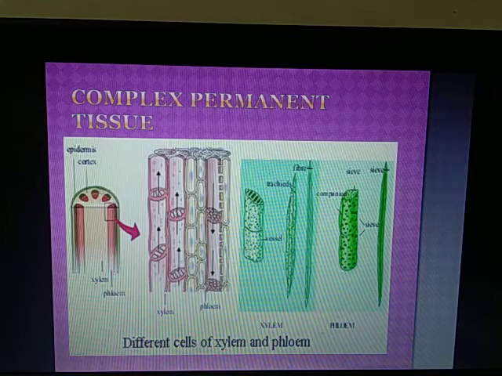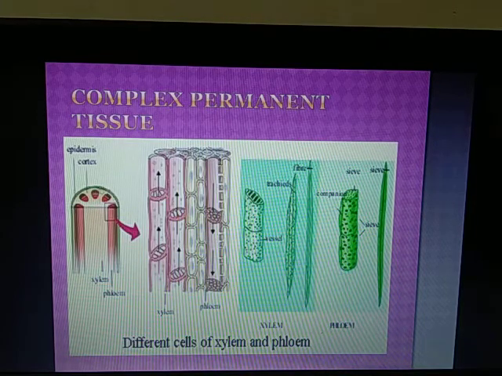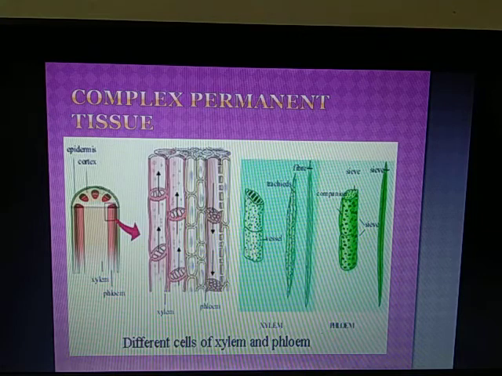Now xylem, most of the cells are dead except the xylem parenchyma. So in the figure you can see the presence of the xylem tracheids, vessels and fiber. Parenchyma is not visible over here.